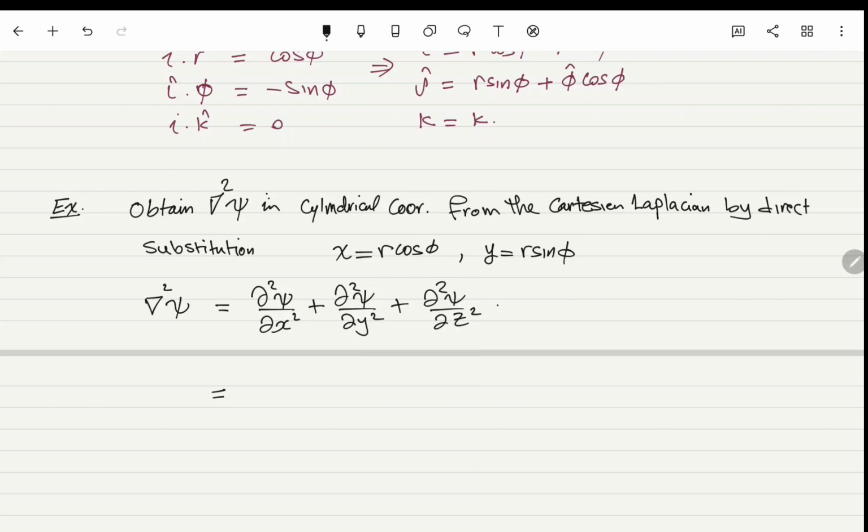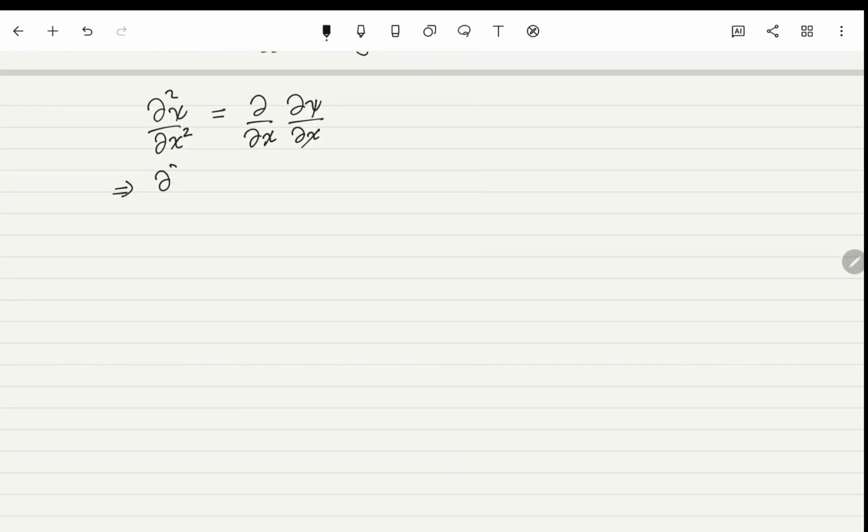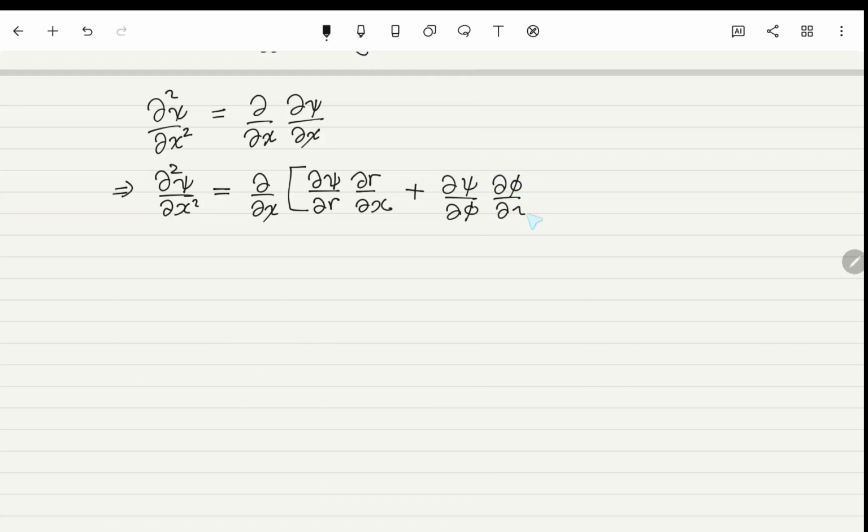And we can write down partial 2 psi by partial x squared as partial by partial x of partial psi by partial x, so partial 2 psi partial x squared will be equal to partial by partial x times now partial psi partial r partial r partial x plus partial psi partial phi partial phi partial x.